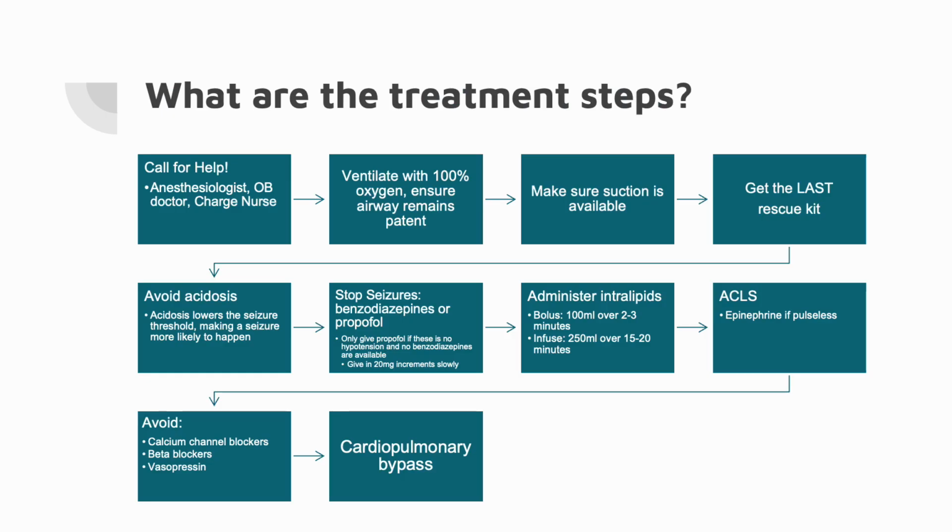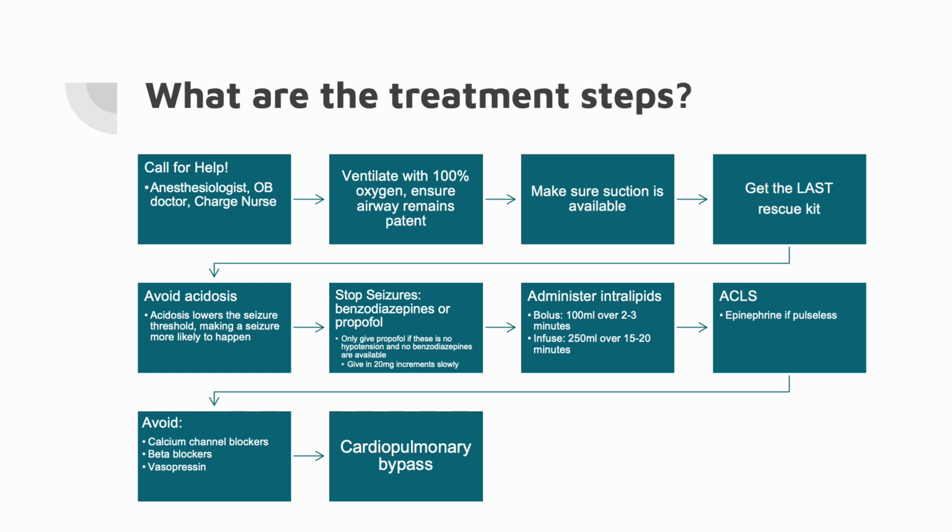All right, so if you notice any of this happening, what are you going to do? First, you're going to call for help. We're going to call the charge nurse or other nurses in there to help, anesthesiologist, and your OBGYN. You want to make sure that you've got oxygen in the room, because these patients, they'll go apneic and they need either to be bag ventilated or at least have some oxygen on.